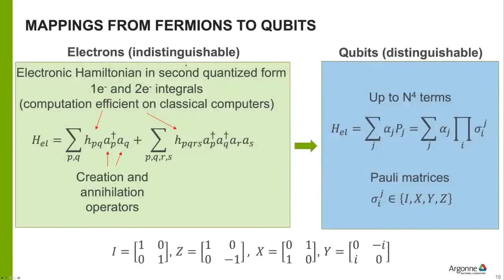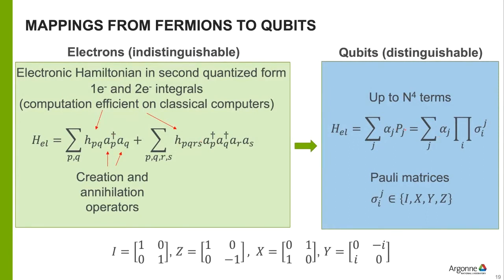Yes, please go ahead. So when we map fermions to qubits, as I described in the previous slide, we obtain up to n to the power of 4 terms in the Hamiltonian, where each term is a product of Pauli strings with some coefficient alpha, where this coefficient depends on the one and two electron integrals h_pq and h_pqrs.